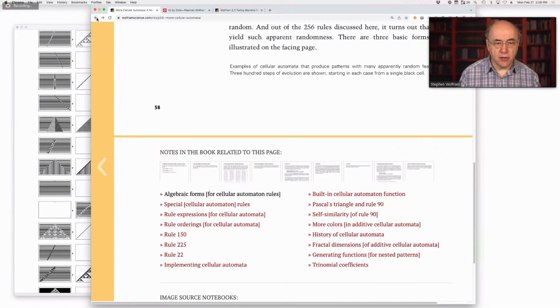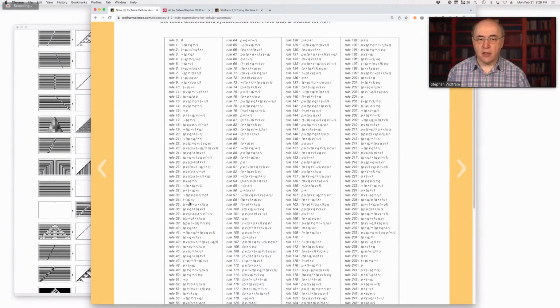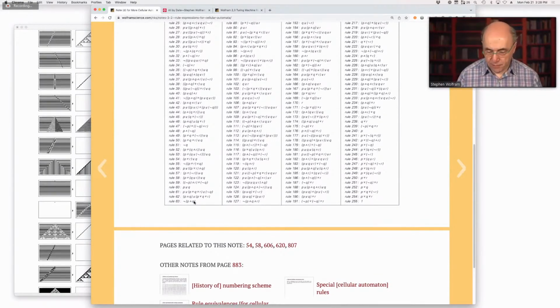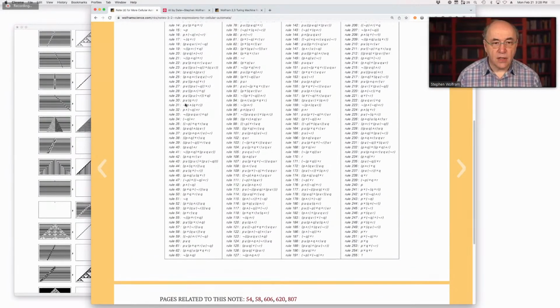Now, what I was going to show you here, let's see, here we go. You can represent every cellular automaton rule as a Boolean expression. For example, rule 90 is P XOR R, XOR being sum mod 2, and rule 30, for example, is P XOR (Q or R).